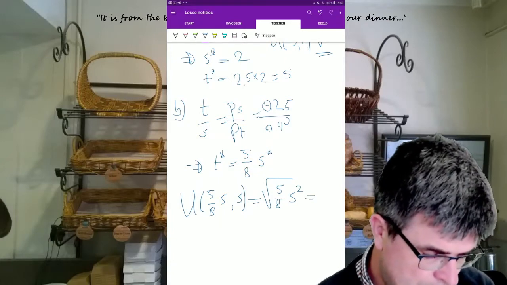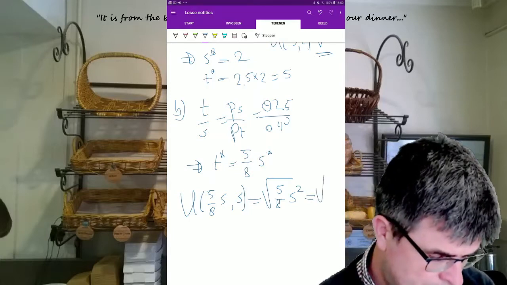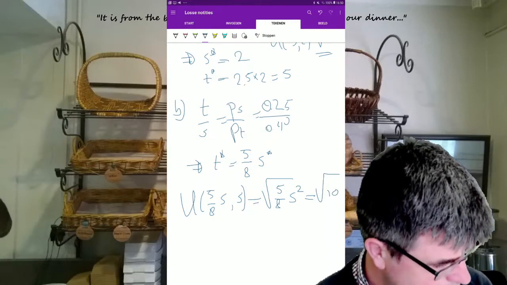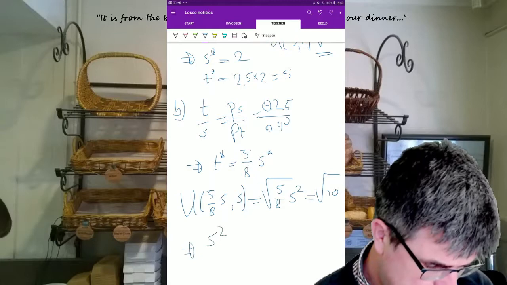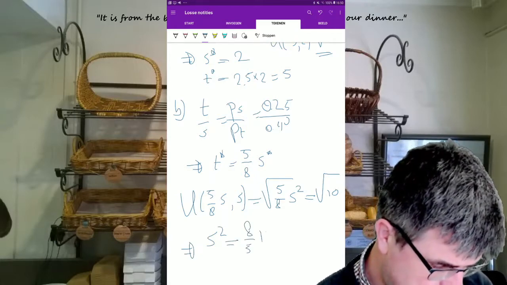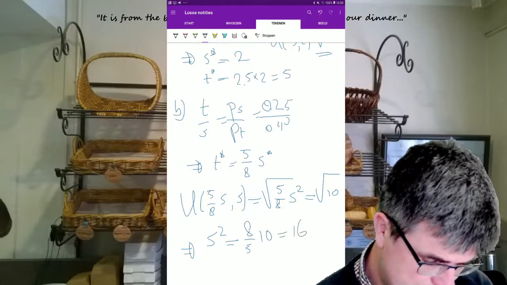And the condition is that Paul needs to be just as well off as before, so his utility needs to reach the level square root 10, which then implies that S squared should be equal to 8/5 times 10. So that should be equal to 16.